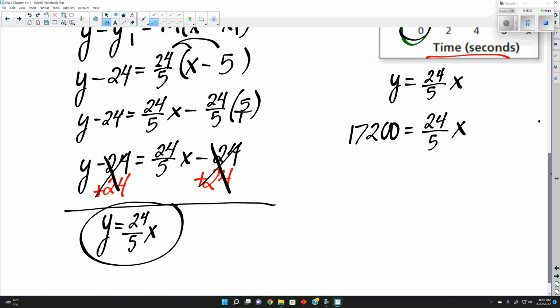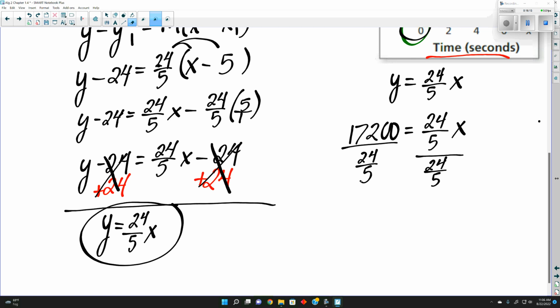Divide 17,200 miles by 24, and then times it by 5. The other way around works too: divide by 24 and then multiply by 5. Yes, because what he's doing there is really multiplying both sides by 5 over 24. And that will work for doing this here. Or I could divide both sides by 24 over 5.